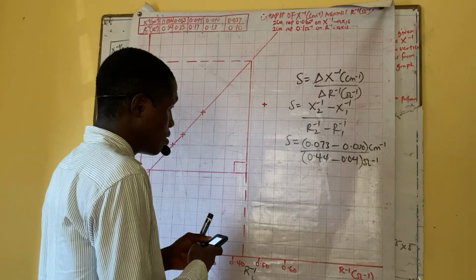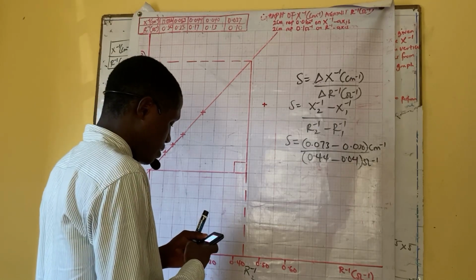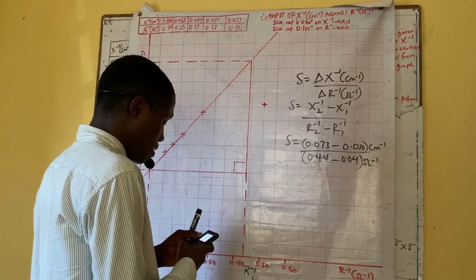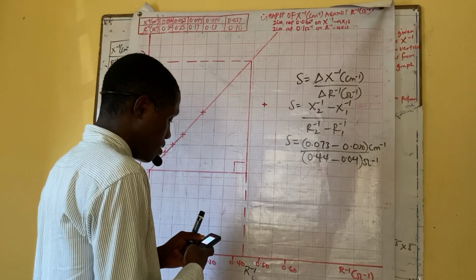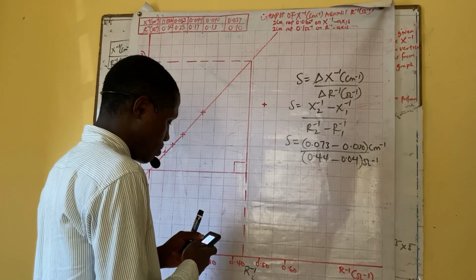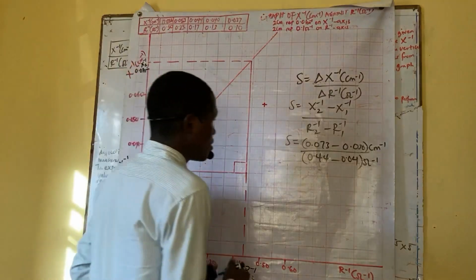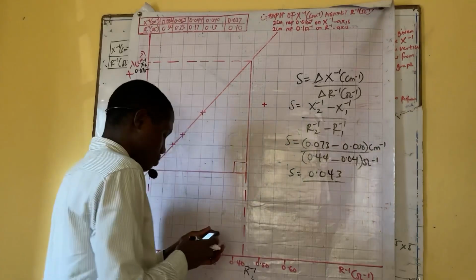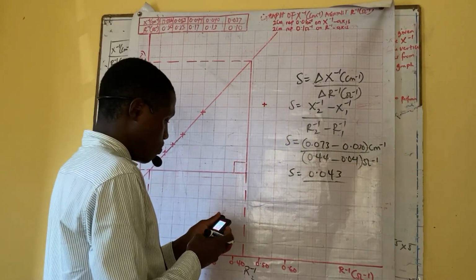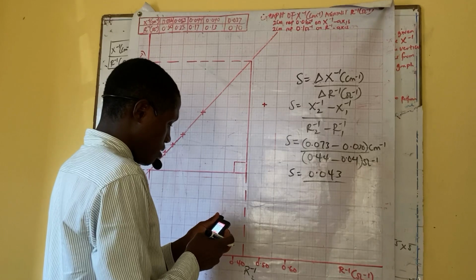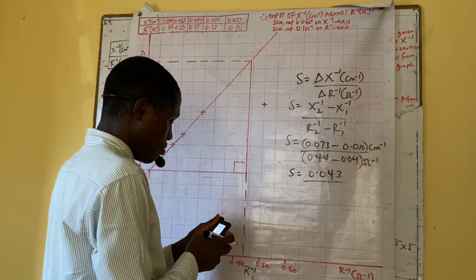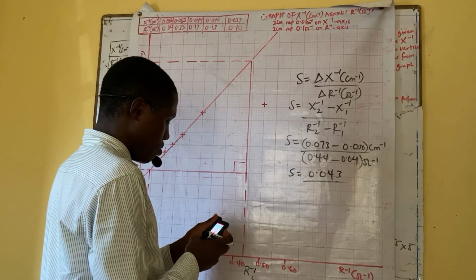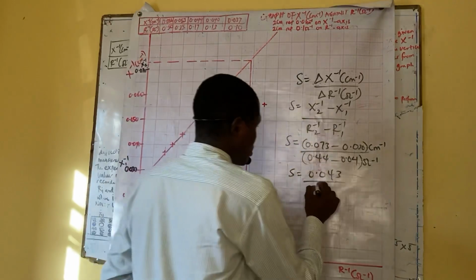You have 0.073 minus 0.030. So that is equal to 0.043, divided by 0.44 minus 0.04.